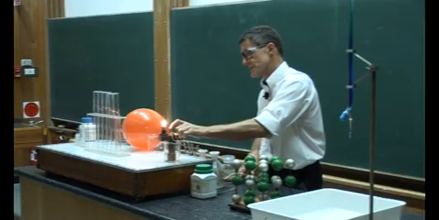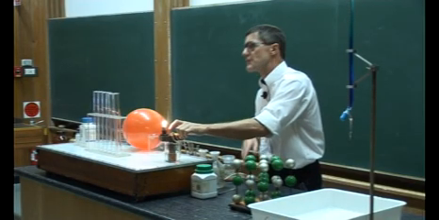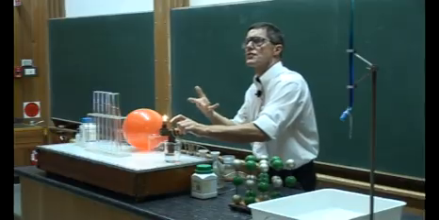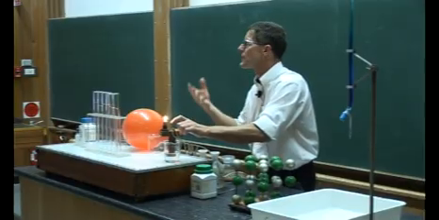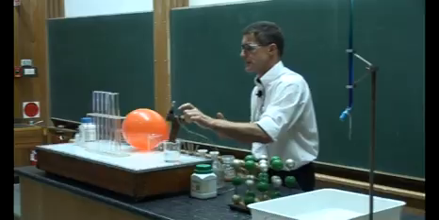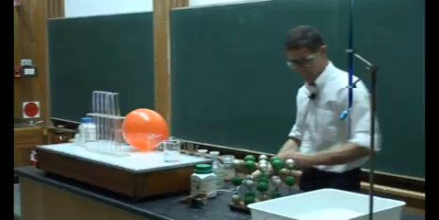And I mentioned at the time when we were looking at ionic bonding, the reason for this was the ions were released into solution and they can then move and carry a current.